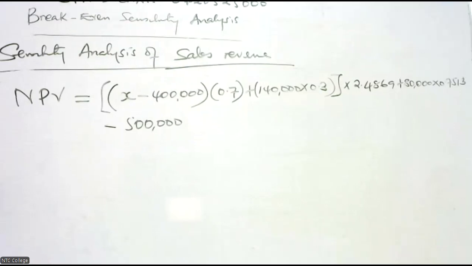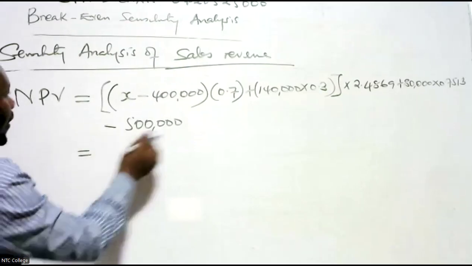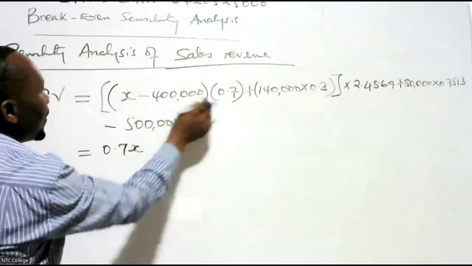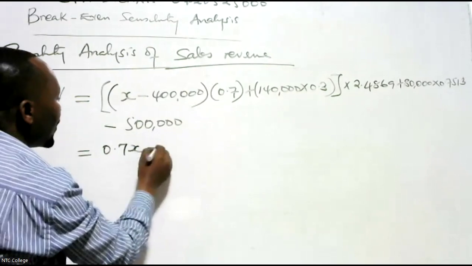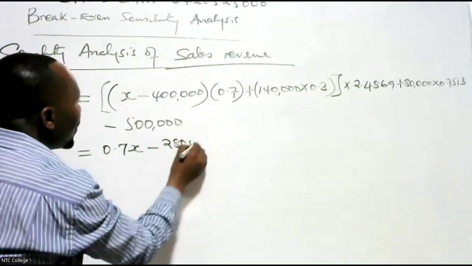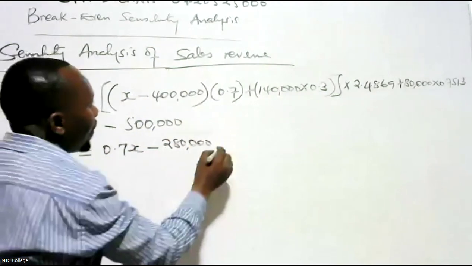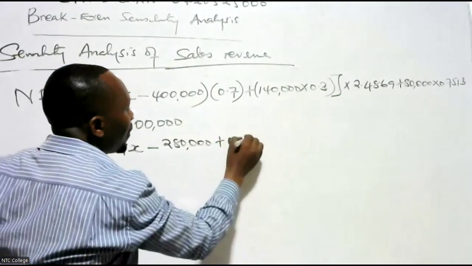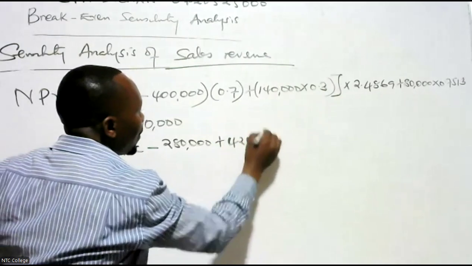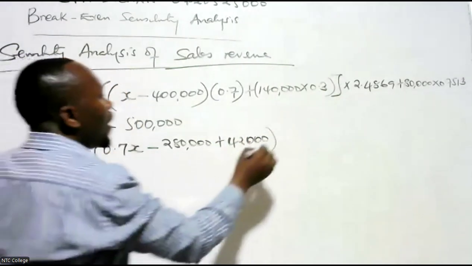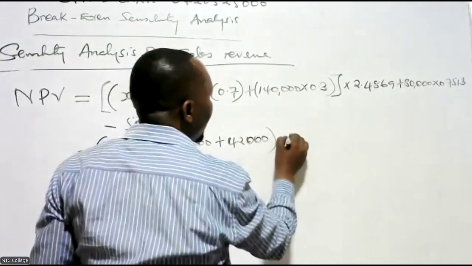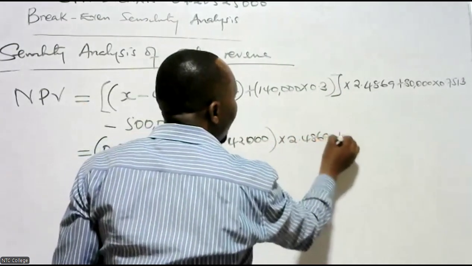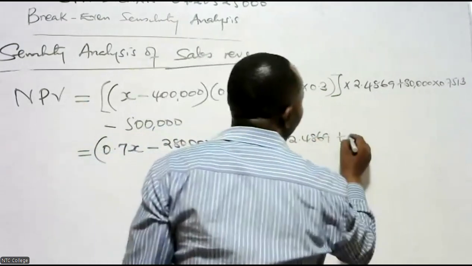So if that is the case, we can now confidently say that 0.7 times X gives you 0.7X, but this times this gives you something like 280, right? So 280. Plus, this one was giving us 42,000. We need to add this. And now we multiply them with 2.4869 before we add our 80.